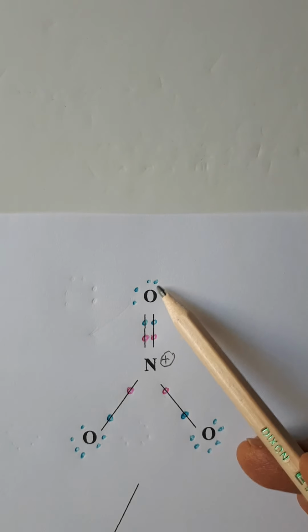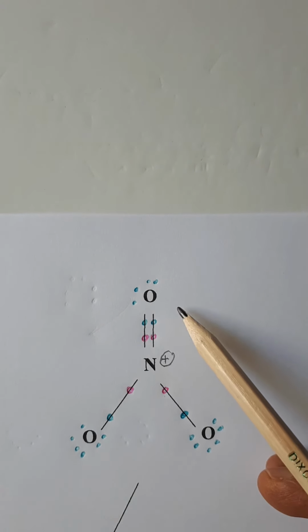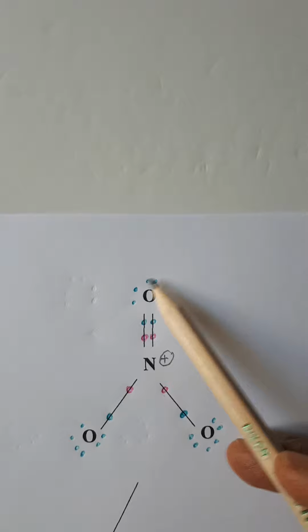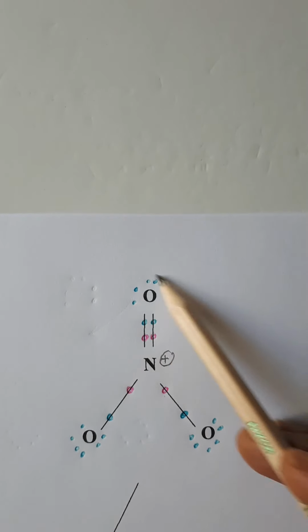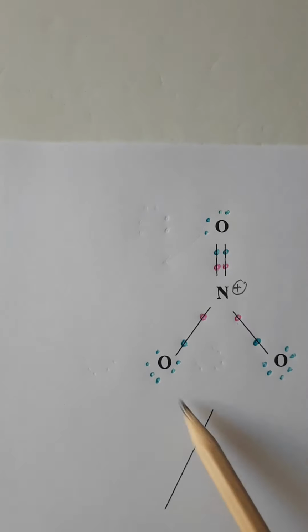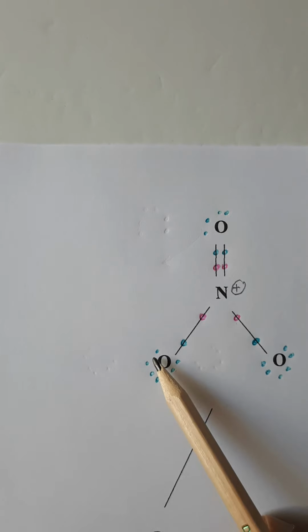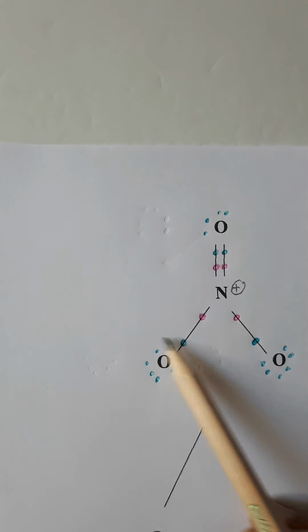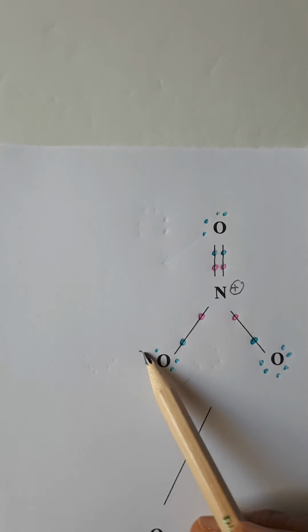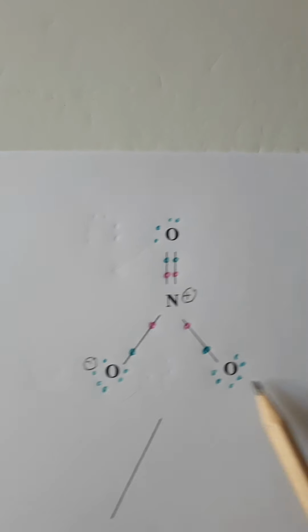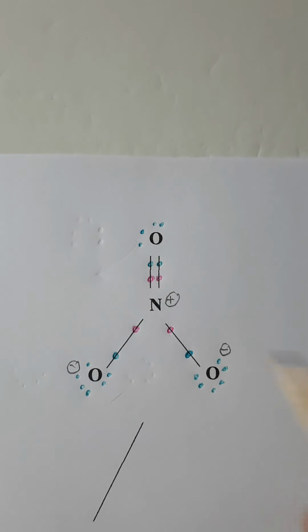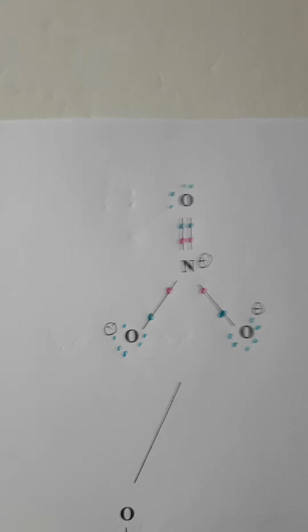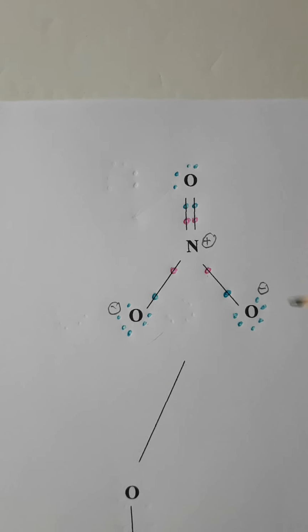This oxygen atom. Oxygen, the number of valence electrons is 6. 1, 2, 3, 4, 5, 6. So it has no charge. But these ones, 1, 2, 3, 4, 5, 6, 7. It has some extra electron around. So it has a formal charge of minus 1. Same thing here. So this is the most correct structure of the nitrate ion.